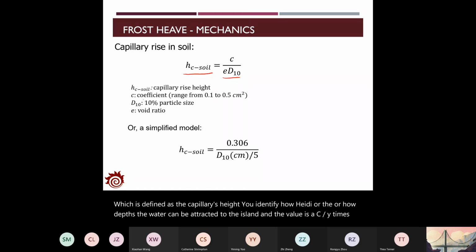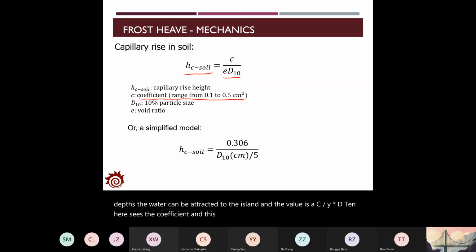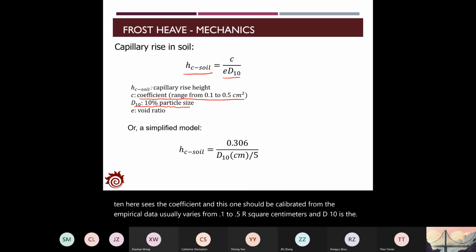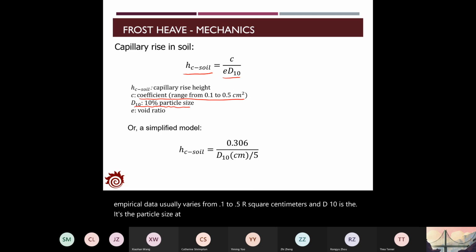Here, C is the coefficient, and this one should be calibrated from empirical data. Usually, it varies from 0.1 to 0.5 square centimeters, and D10 is the particle size at 10% passing. So it represents the grain size with the sieve size at 10% passing of all the particles. And e is the void ratio, which is also a constant.